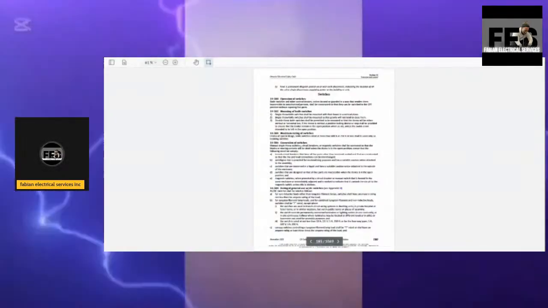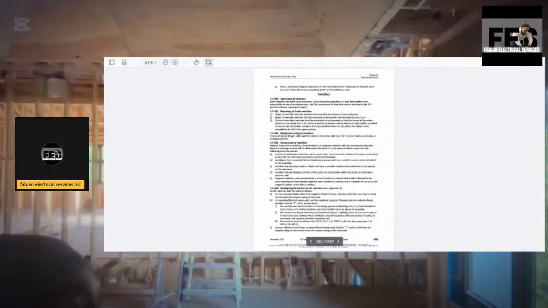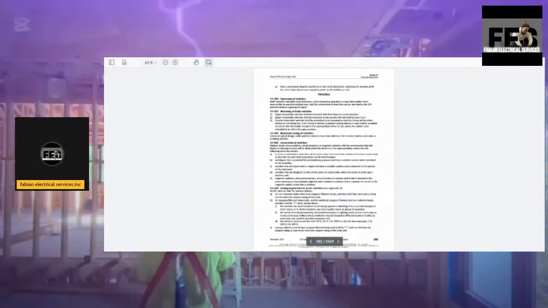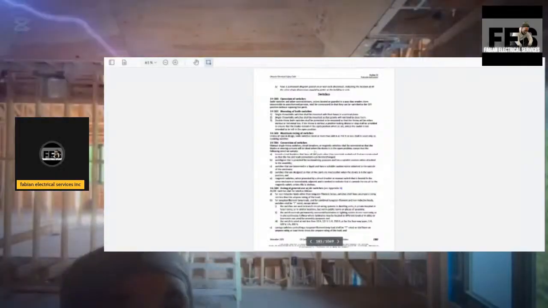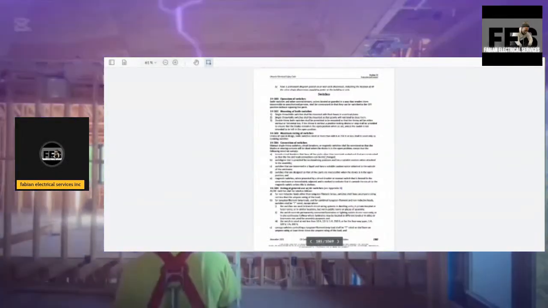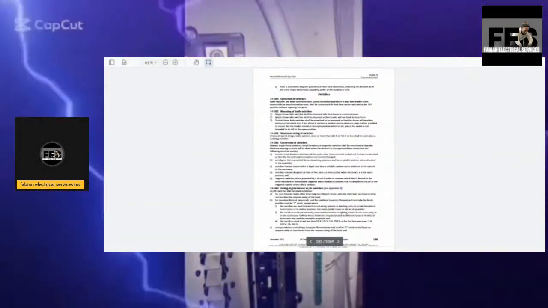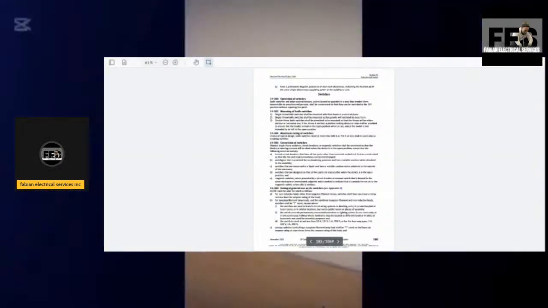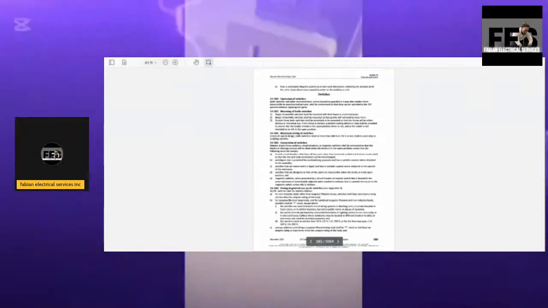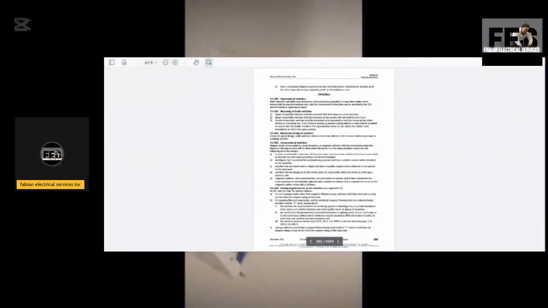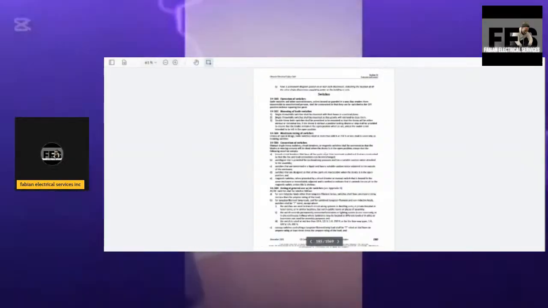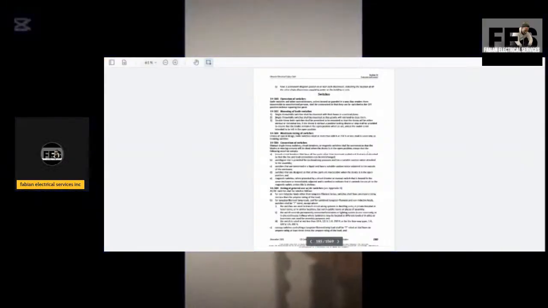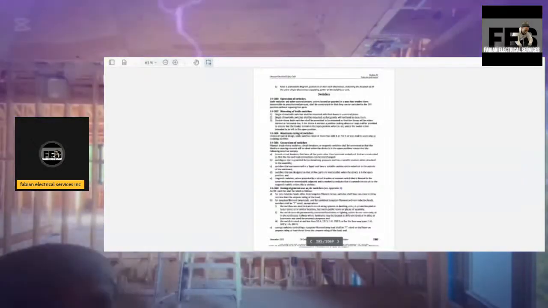Connection of switches: manual single throw switches, circuit breakers, or magnetic switches shall be connected so that the blades or moving contacts will be dead when the device is in the open position, except that the following need not comply.